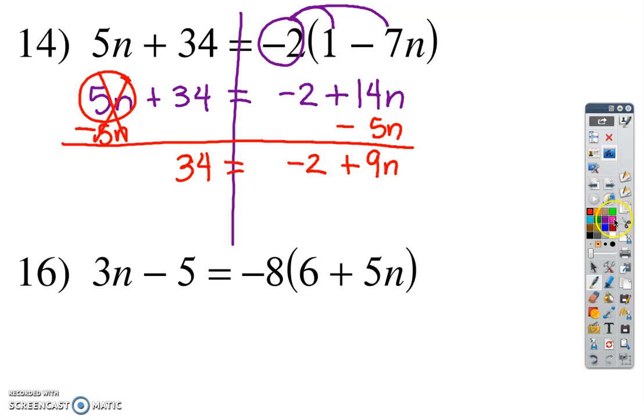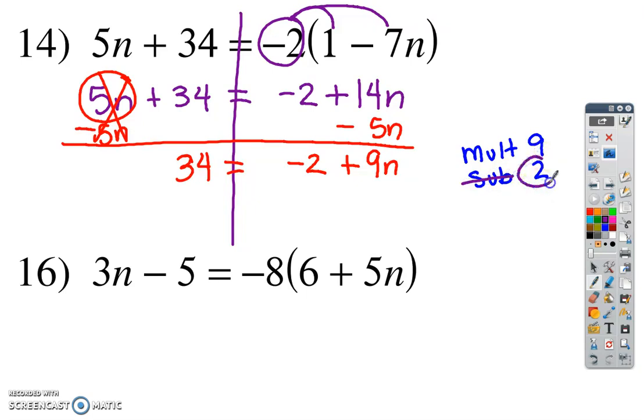Step number 4, inverse operations. So what is happening to the n? It's multiplying by 9 and subtracting 2 because it's a minus, so they're subtracting it. So it's multiplying by 9 and subtracting 2. So do the opposite.